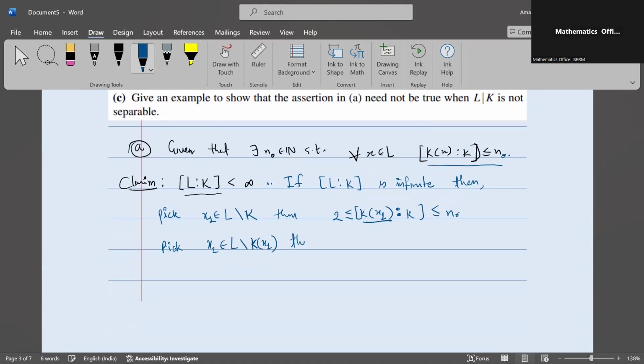Then this degree of k(x2) over k is again bigger than or equal to 2, and it is bounded by n naught again, and so on.